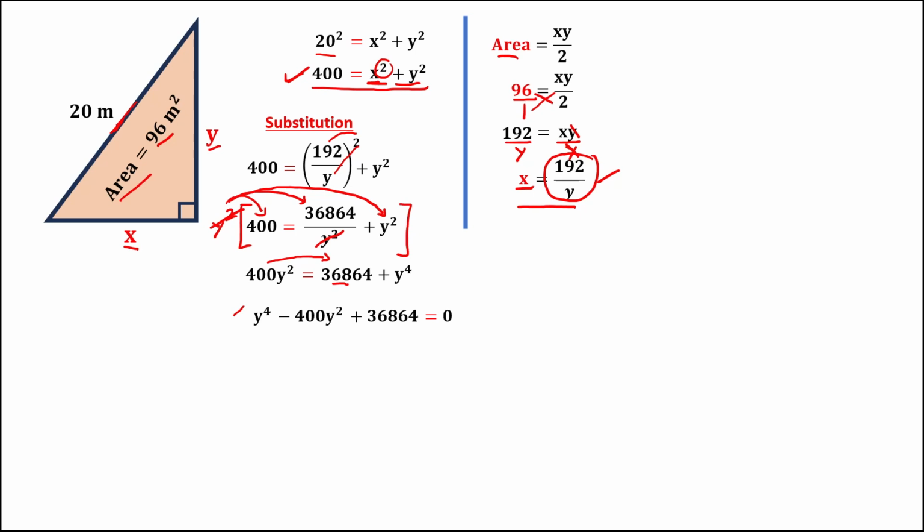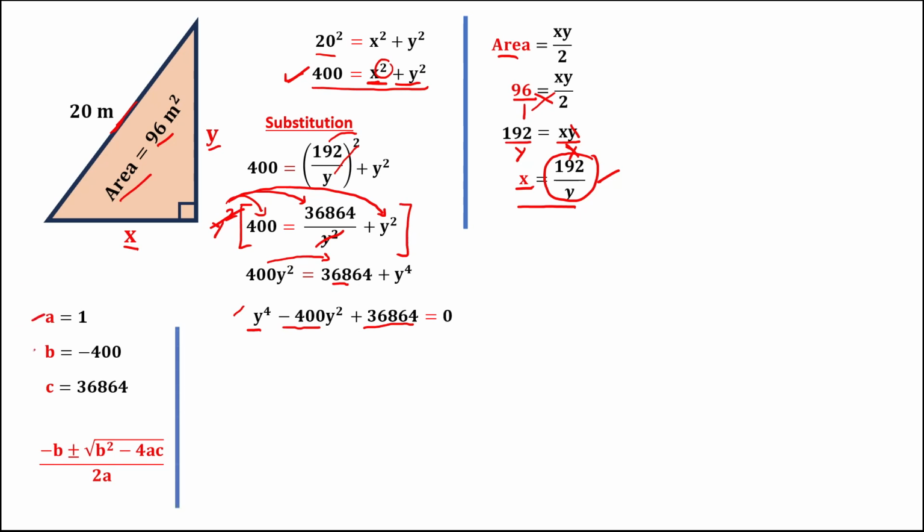So we can solve this using the quadratic formula, where a is equal to 1, b is negative 400, and c is 36,864. Using this quadratic formula, substitute now the values for a, b, and c. So we have y to the power 2, because the variable is y and this is to the power 4.